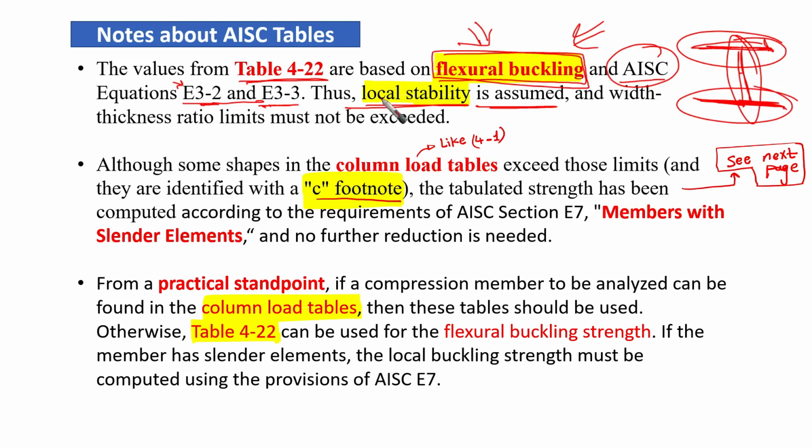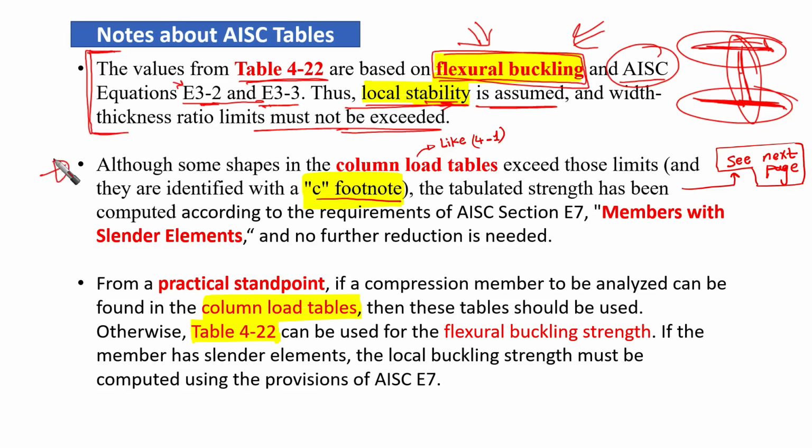So local stability is assumed to be safeguarded, or local stability is fulfilled. Okay, and width-thickness ratio limits must not be exceeded. So we need to take care of this, that the width-to-thickness ratio limits must not be exceeded in this case.